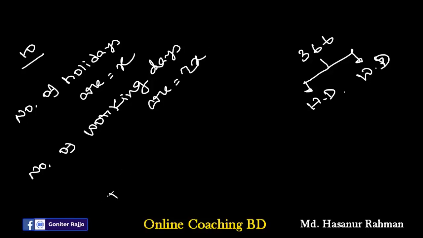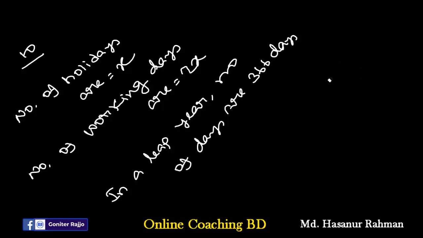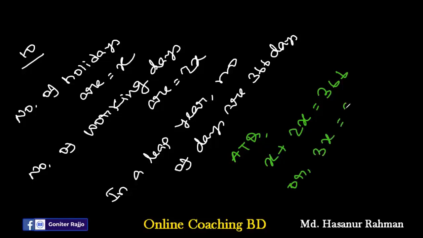And we know that in a leap year, the number of days is 366 because we have an extra day in February. Now we have to find out the value of x. Let me solve the equation. So according to the question, holidays plus working days is equal to 366. So x plus twice x, that is thrice x, equal to 366.